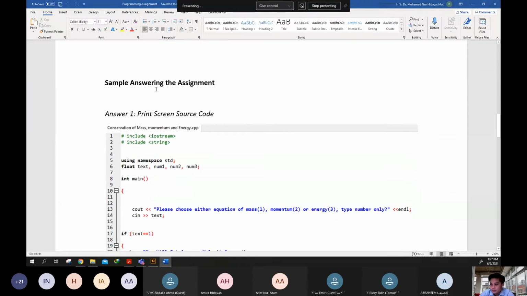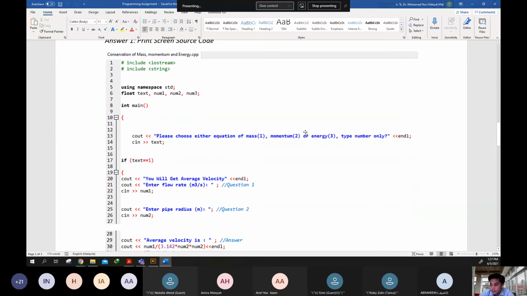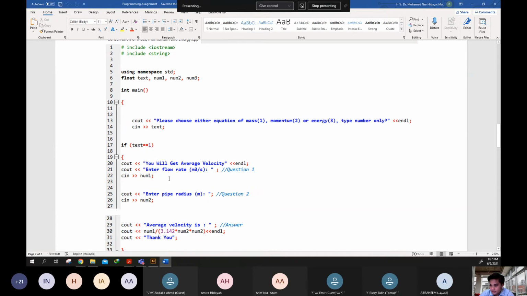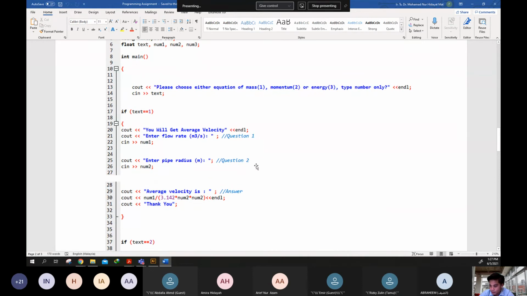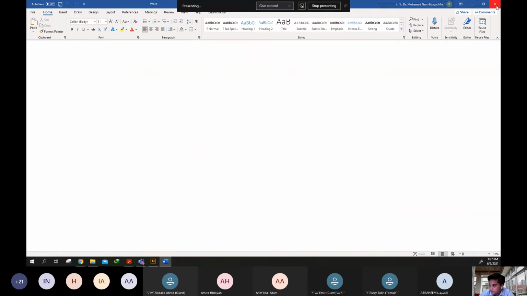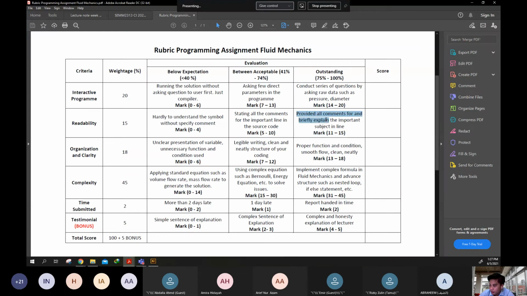Please do all the comments here so that I understand. Please choose either equation. This is the comment. You mention clearly in the comment box: the question 1, this is for question 2, this is for answer. Please provide all the comments and briefly explain the important subject in the line.